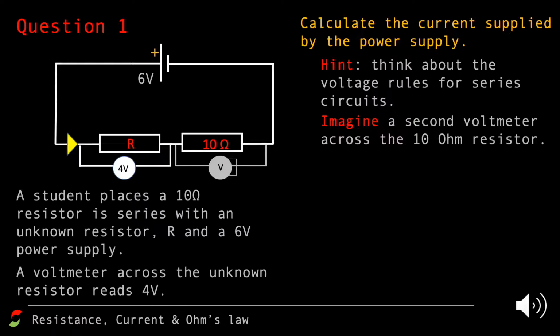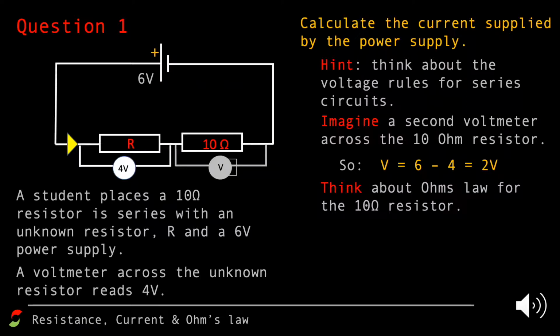Can we work it out? Well, try to remember that 6 volts is split across those 2 resistors. So 4 volts plus that unknown voltage is equal to 6. So the potential difference across the 10 ohm resistor is actually 2 volts. So we do know the potential there.